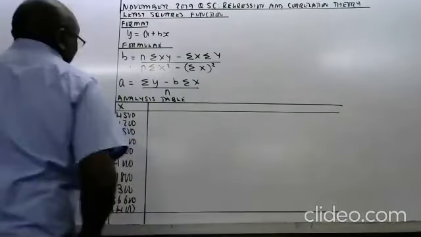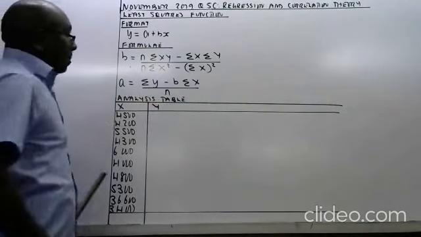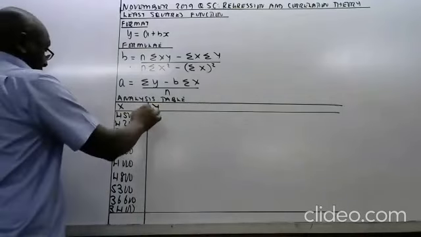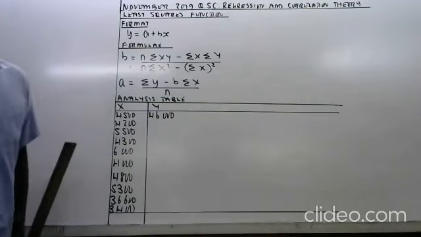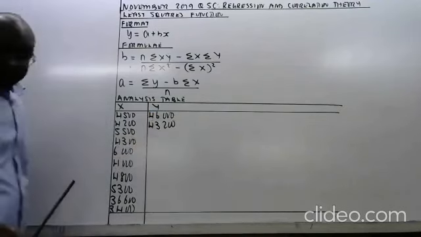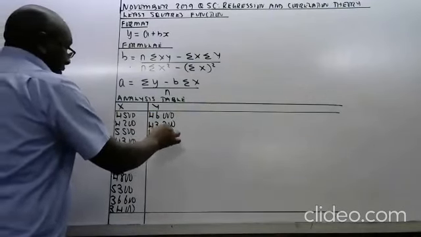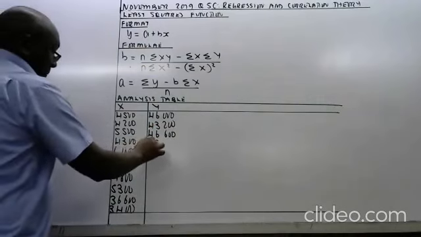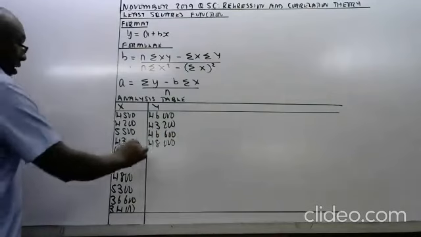Okay, then we go to the values of y. The values of y, we have 46,000, 43,200, 46,600, 48,000, 56,400.